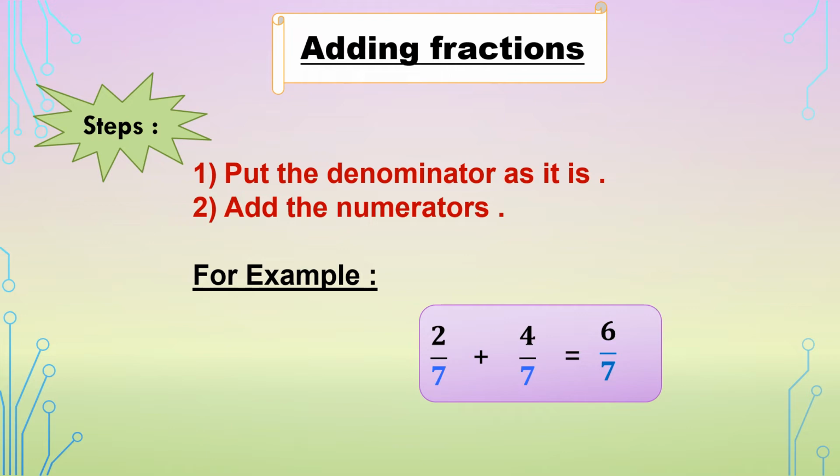The first step, put the denominator as it is in the result. The second step is 2 plus 4, make the addition operation. 2 plus 4 equals 6. So you can't add the denominators together.